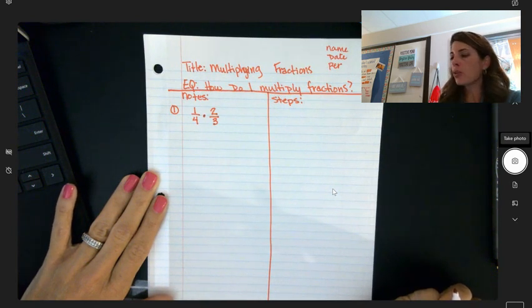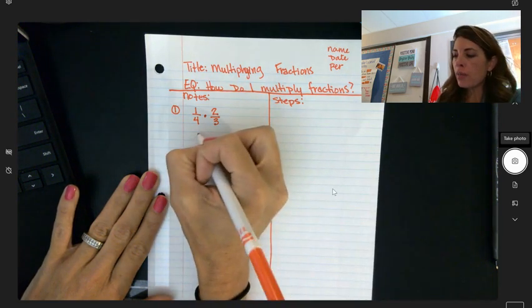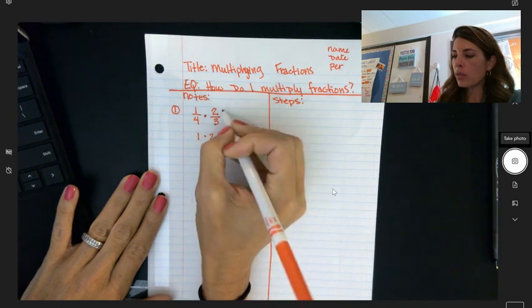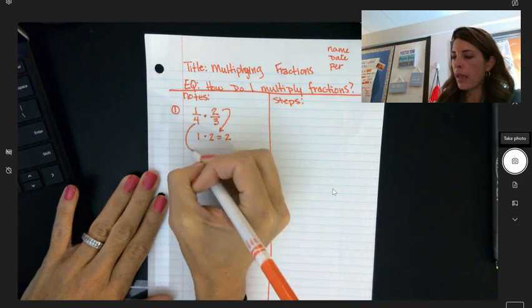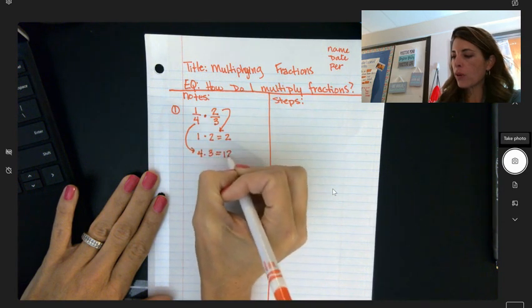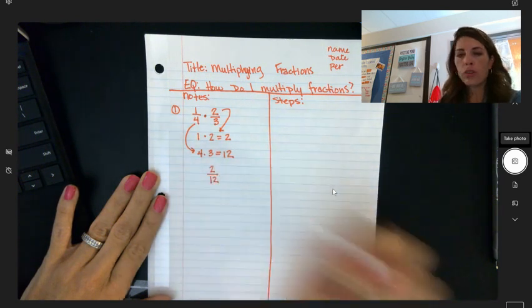Okay, and so to multiply fractions, you just go straight across. So I'm going to do 1 times 2 equals 2. Okay, and 4 times 3 equals 12. And so then I set that up. It's 2/12.